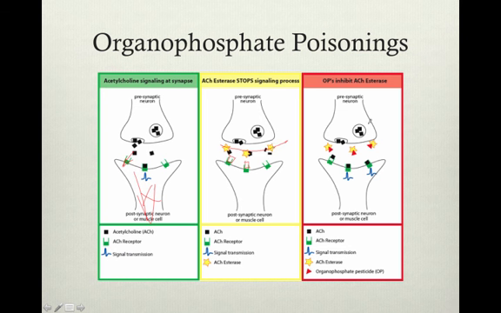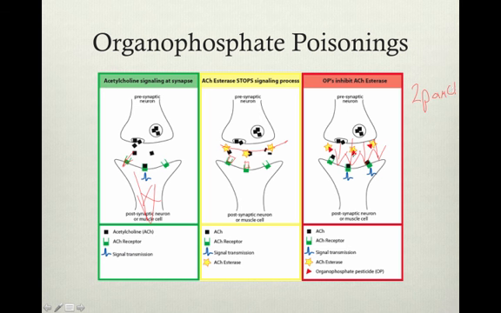Organophosphates inhibit acetylcholinesterase. So again, what we get here is just continuous signaling again and again and again. Very simply, in an organophosphate poisoning, we're going to need two things. And this is just like a chemical nerve agent. One of the things we're going to need is 2-PAM chloride.